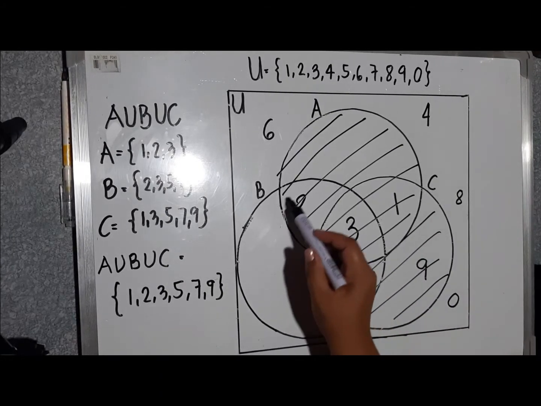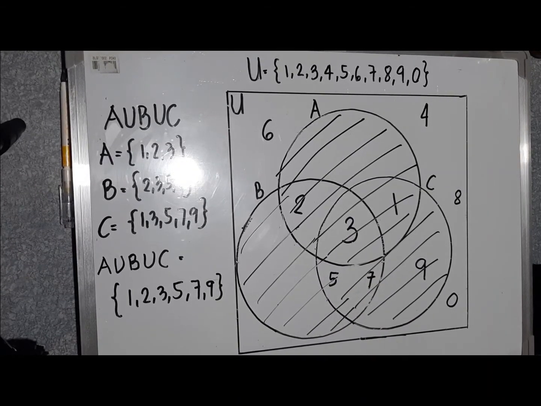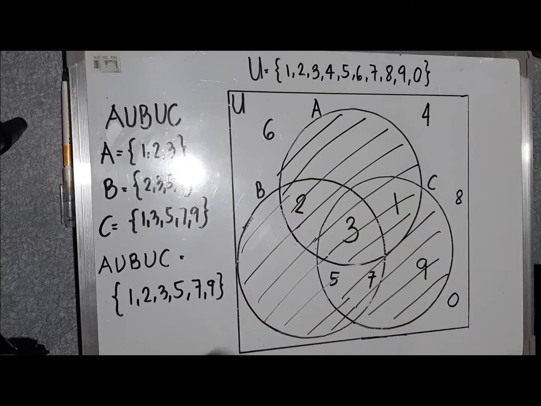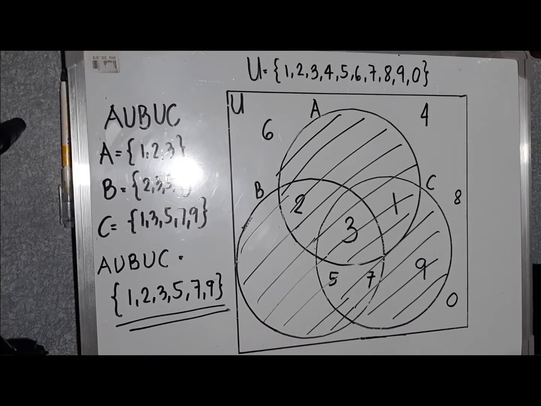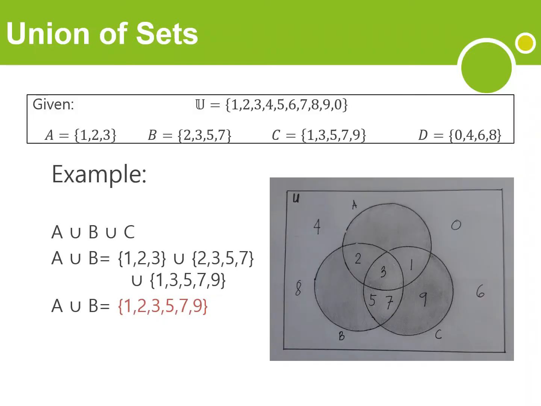Not D. Okay. So as I've said, our shaded part represents our final answer. So this is now our answer. We have the solution here on the left side, and our Venn diagram representation on the right side. So again, the shaded area represents our final answer.